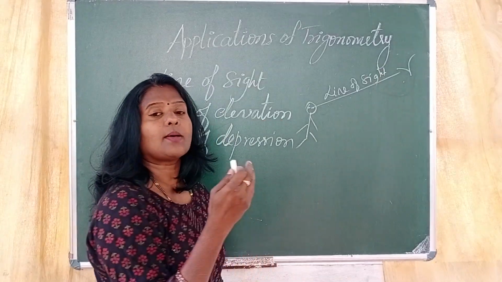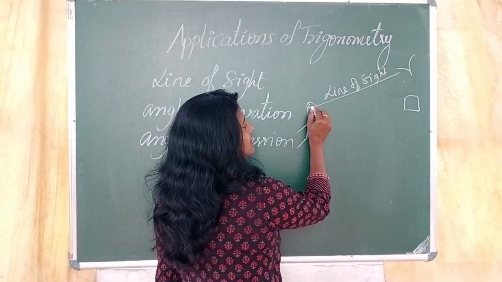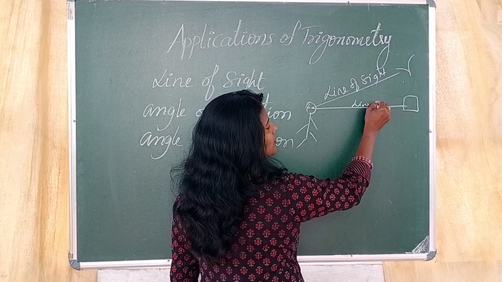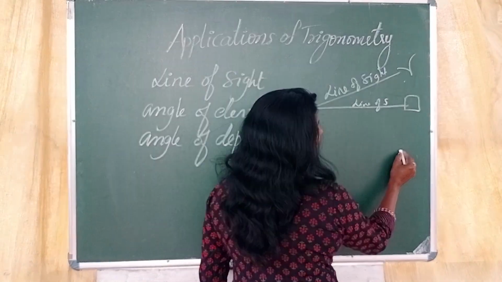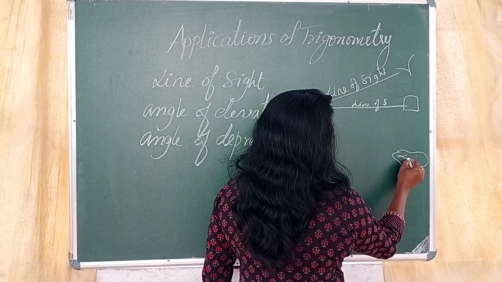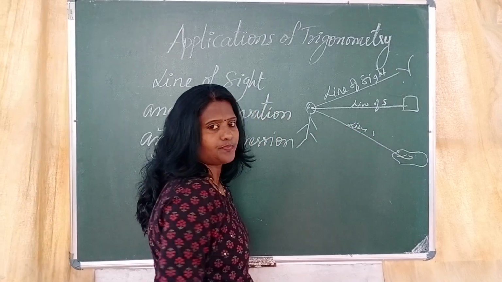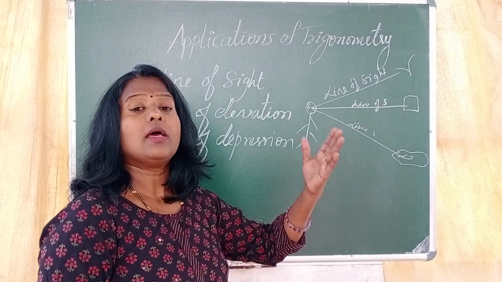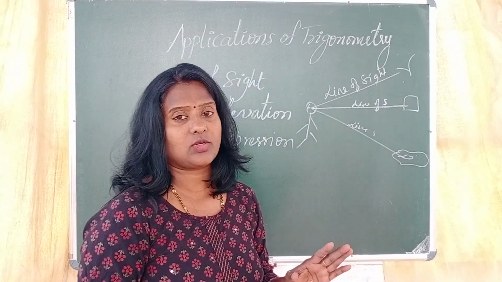If he is observing a TV, the line drawn from the observer to the TV is also a line of sight. If he is observing the fish in the pond, that is also a line of sight. Whatever we are observing, the line drawn from us to the object is a line of sight.